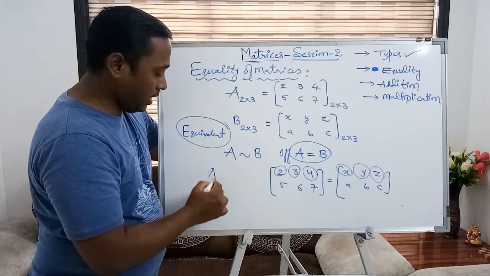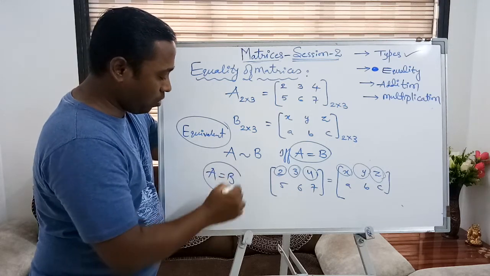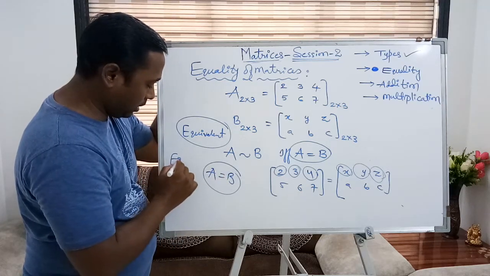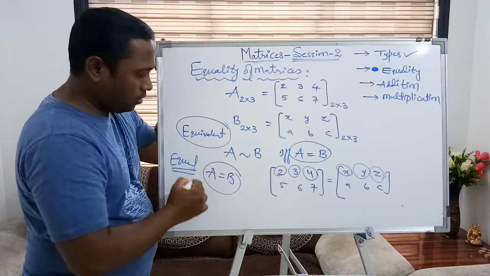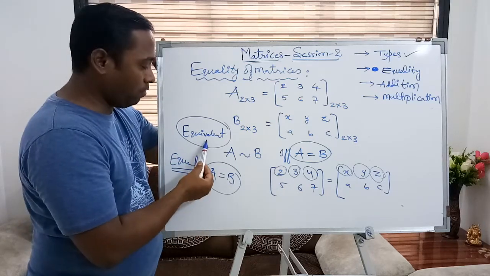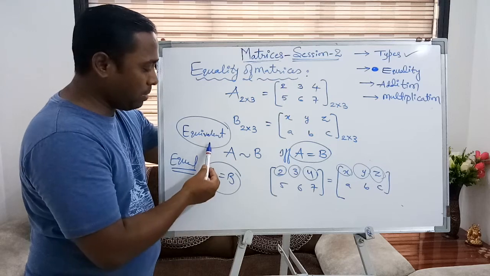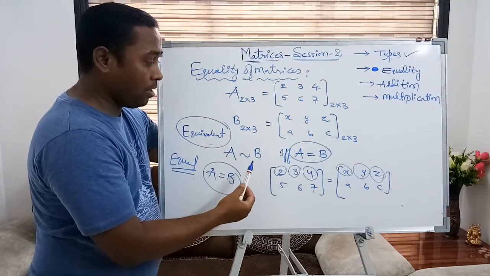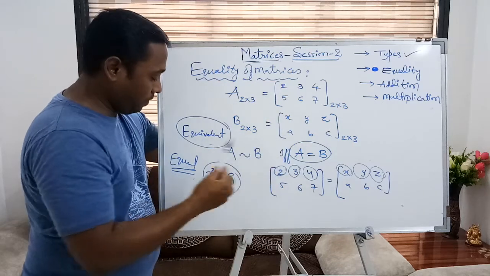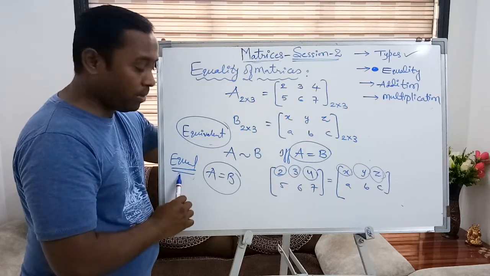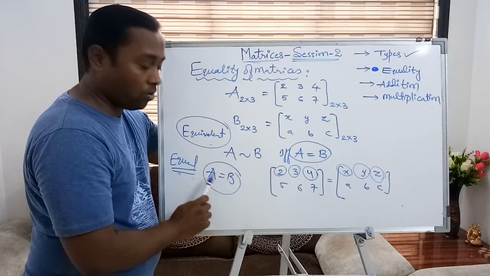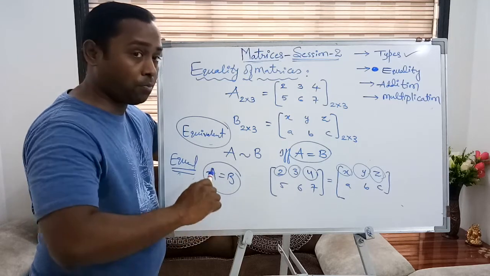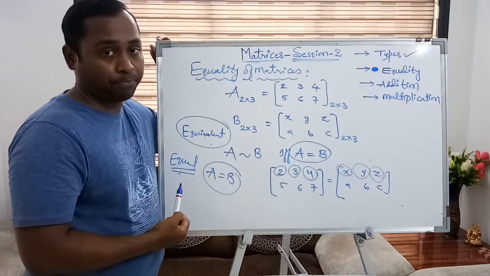If I say A is equal to B, it means we are talking about equal matrices. There is a slight difference between equivalent and equal. Equivalent means only their orders are the same, so their elements may be different. If I say equal matrices, equal means the order is also the same, and apart from the order, their corresponding elements are also the same.